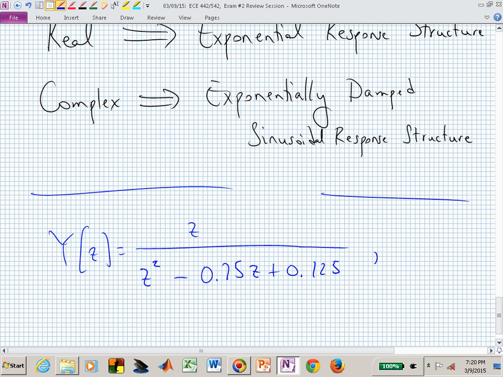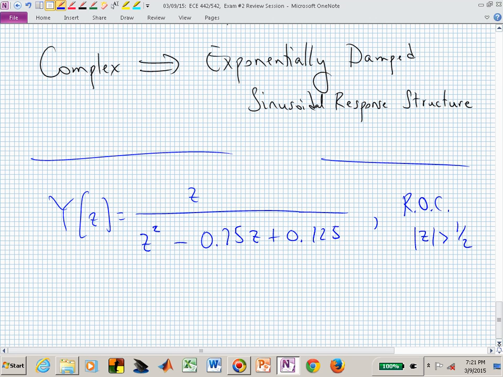You could have a right-sided or left-sided sequence based on this information. But if I now say, suppose the region of convergence is such that Y of z is well defined as long as the magnitude of z is bigger than 1/2, those values of z allow that z transform expansion to be true.